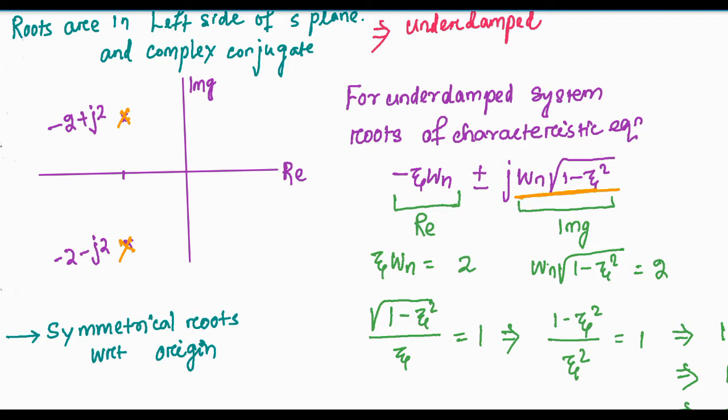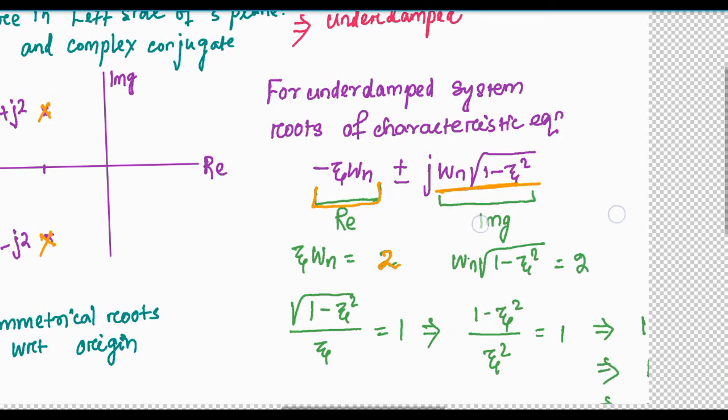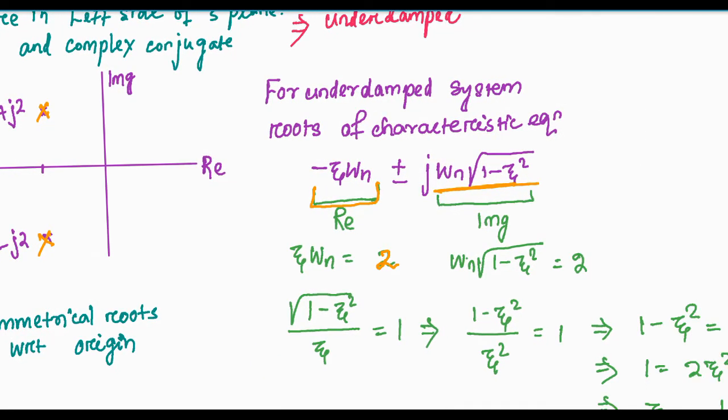What is omega d? Omega d is the damped natural frequency, omega n is the natural frequency. So this is the real part, and here the real part is given to be -2, so minus zeta omega n is equal to -2, so zeta omega n is equal to 2. And here in the second part, omega n into root of 1 minus zeta square is given to be 2.